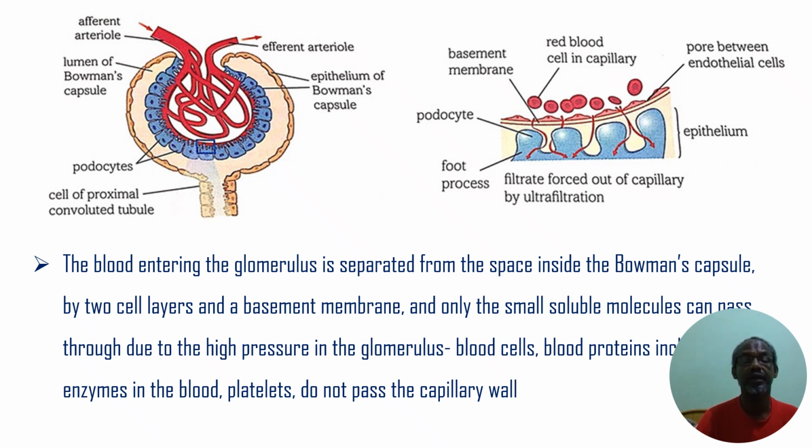Blood cells, blood proteins, platelets, and enzymes, which are also proteins found in the blood, are not allowed to pass and become GF or glomerular filtrate.